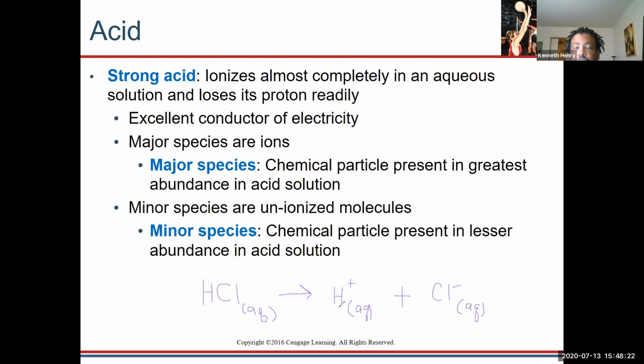You guys get that? So in the case of a strong acid, you're going to have more of these over here. This is going to be your major species.